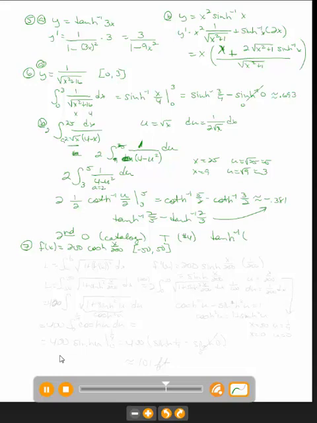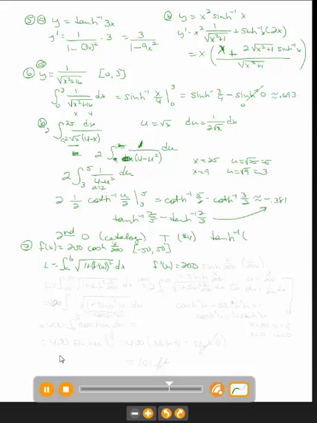So that's arc length. So remember arc length, the formula for arc length was integral from a to b, the square root, and this is from section 6.5, 1 plus the derivative squared dx. So I need the derivative. So f prime of x is going to be 200.